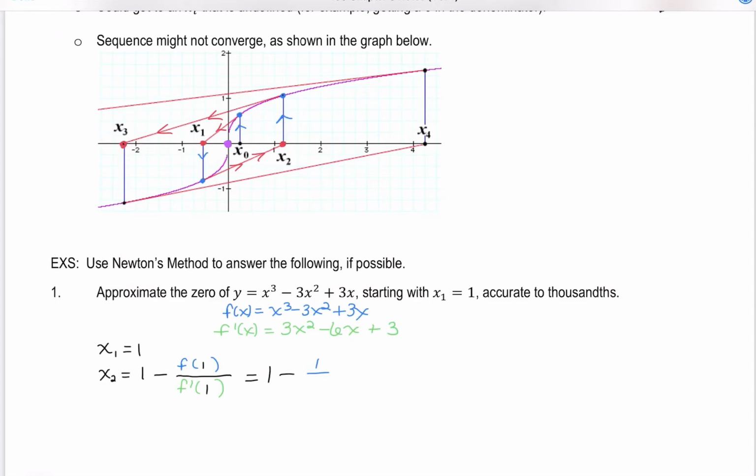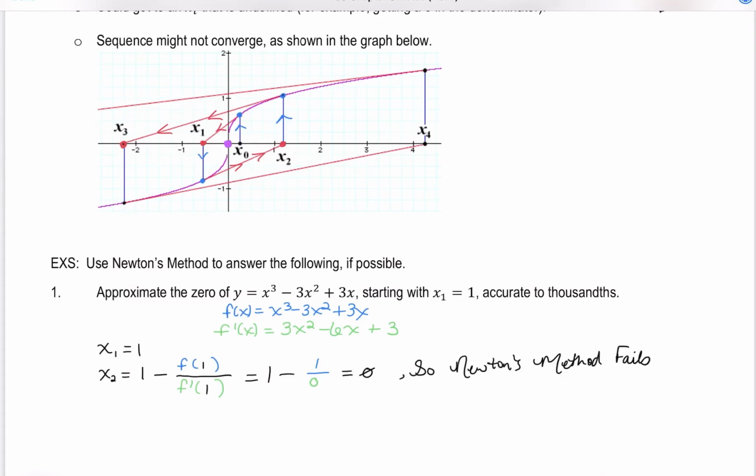Sorry. Now when I sub that in, I end up with f prime of 1 equaling 0. Obviously division by 0 does not exist, so this is a situation where Newton's method fails.